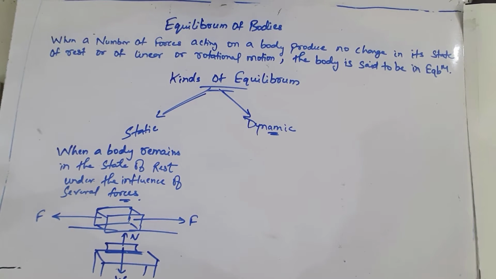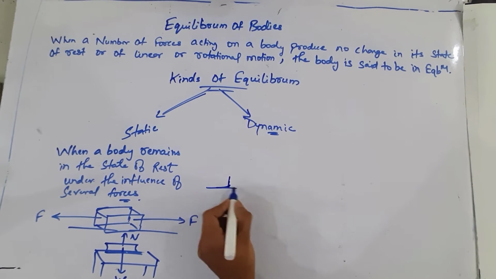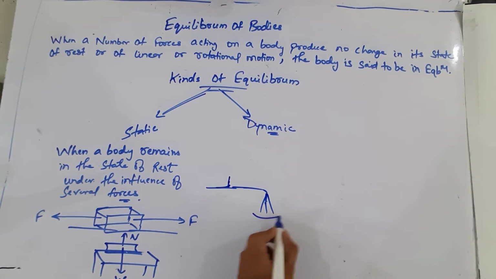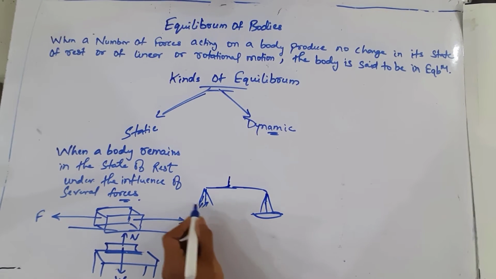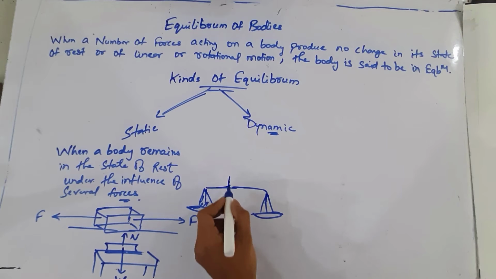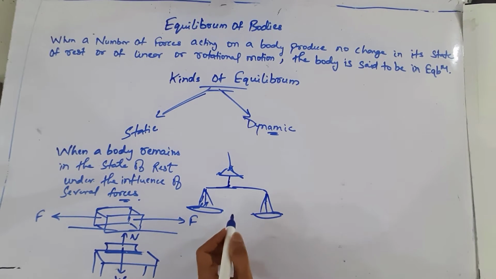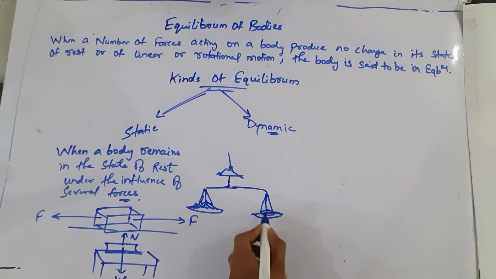Now if we take the example of a beam balance, when the beam is balanced in a horizontal position, we can see a figure like this. From this figure we can say that the weight placed on the left pan is balanced by the weight placed on the right-hand pan.